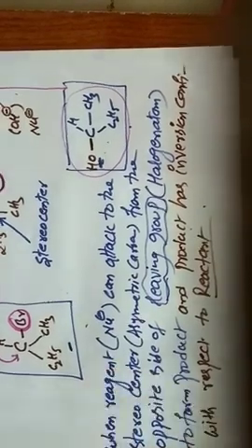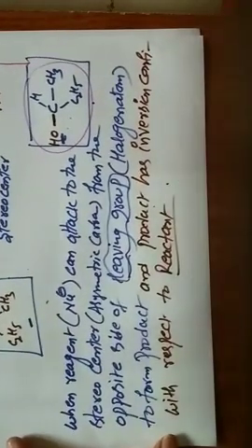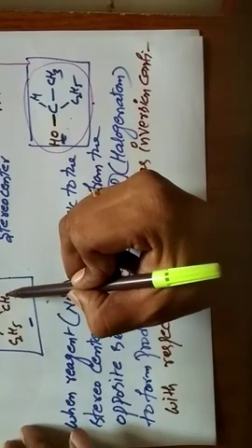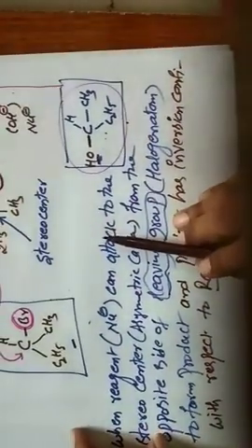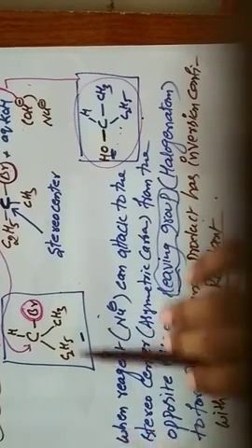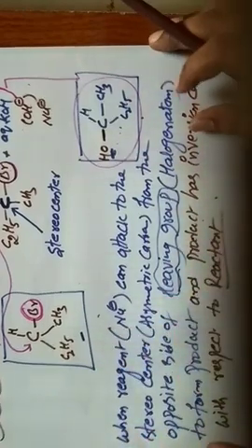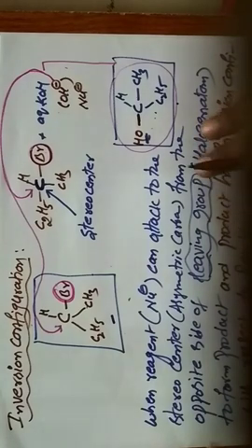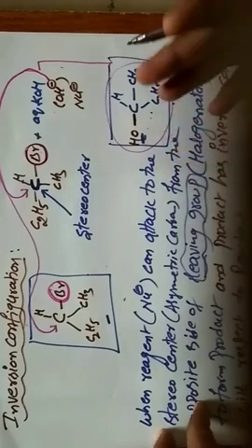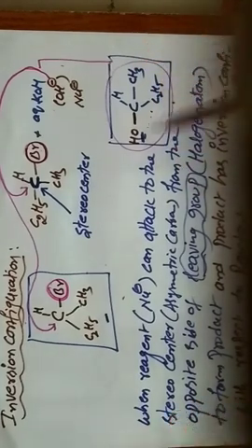So this is the reactant configuration. Compare it with the product. Exactly the opposite configuration we can get. This is called inversion configuration. In the case of inversion configuration, we get the product with the opposite structure of the reactant structure.